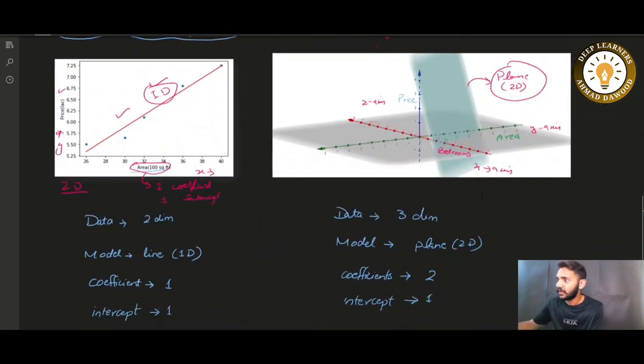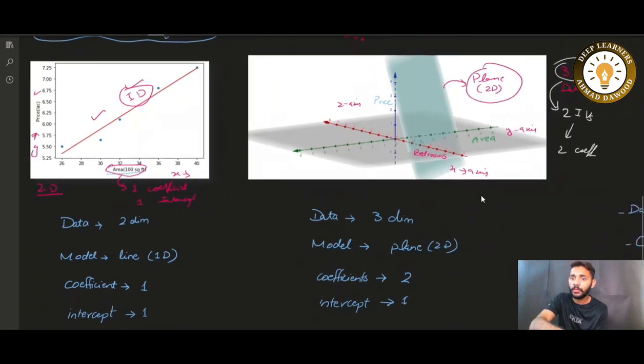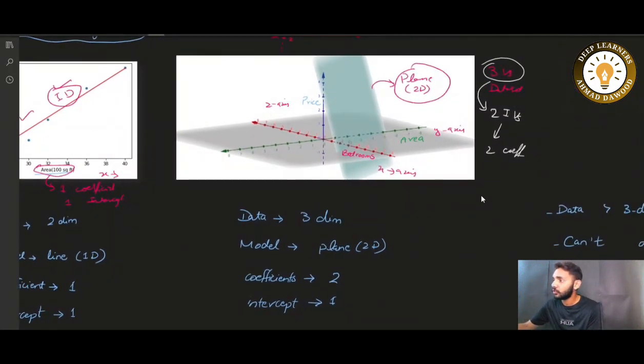In this case we have three variables, of which two are independent variables. With two independent variables, we will have two coefficients and one intercept.